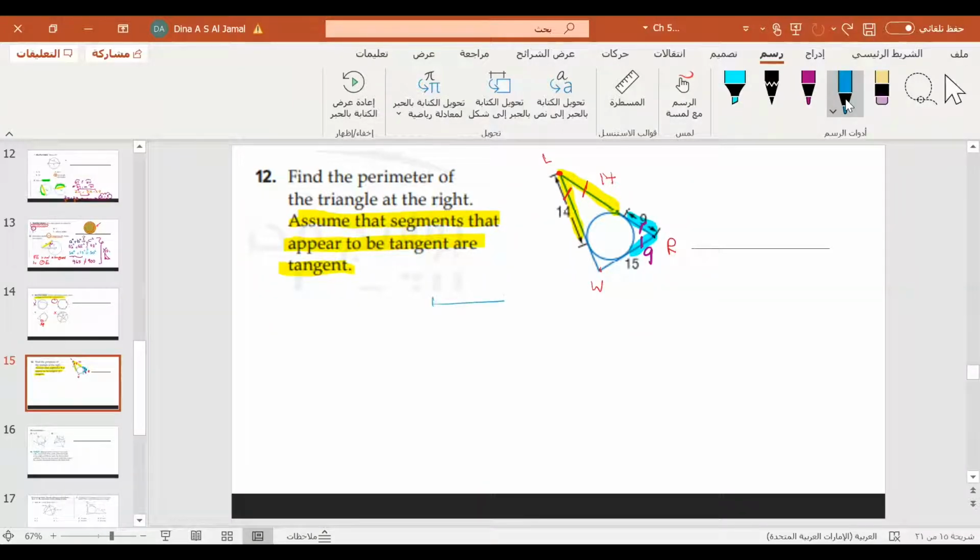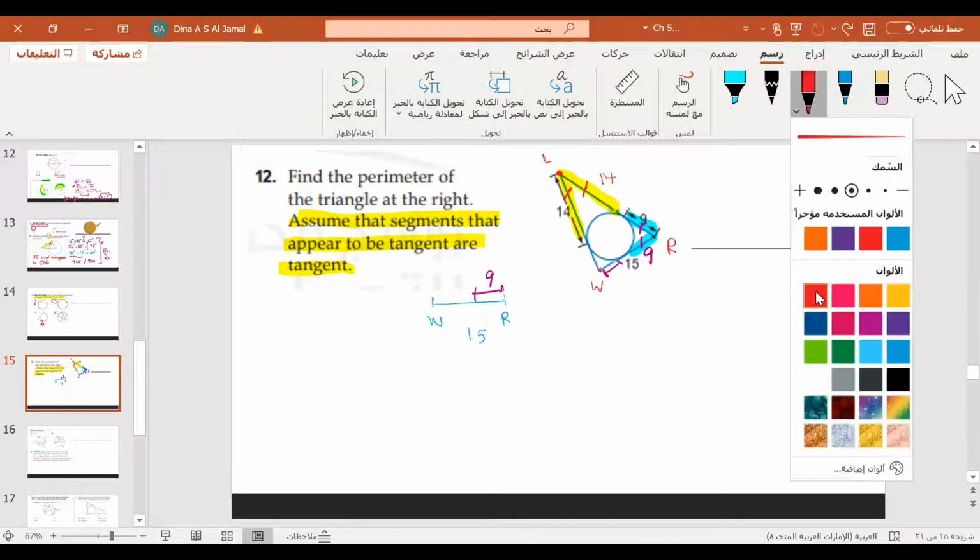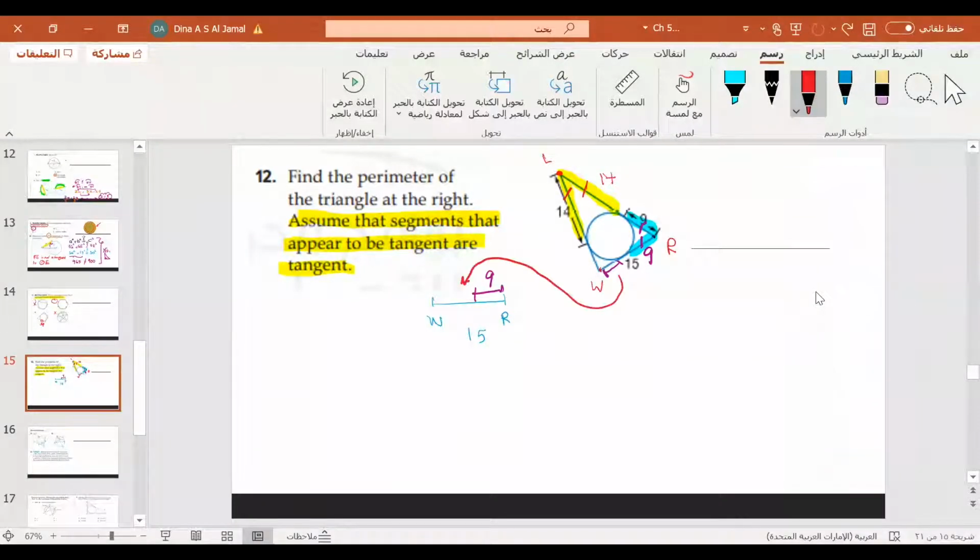He gave you segment WR as 15 and you are having part of it only to be 9. So you need to know only this part. So focus on what you will be doing. It's all about segment subtraction. You will be subtracting. So 15 minus 9. And pay attention whenever you are using this theorem that you need to focus. It's all about 6.